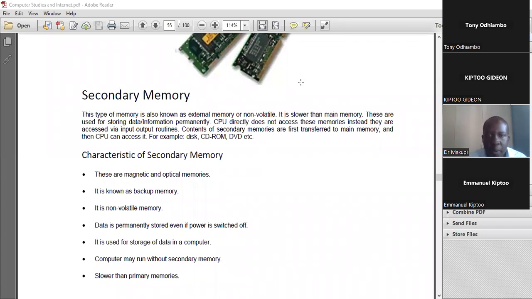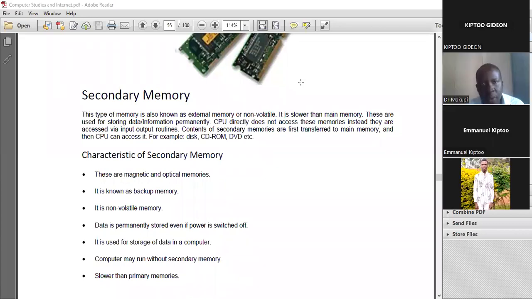Now, how does the CPU access the data stored inside these disks, or what we say the secondary storage? The CPU accesses this data and information via I/O routines, or input-output routines. So get the difference.